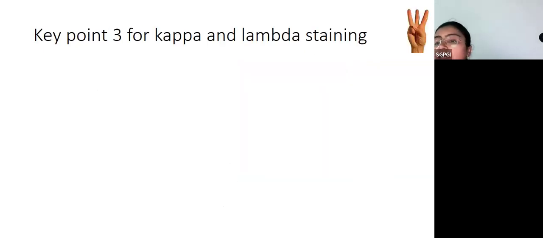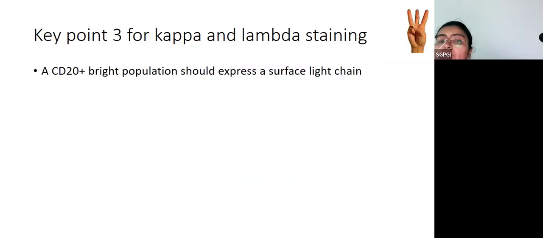However, what I want to say here, and I've already talked about polyclonal reagents, is that if you have a CD20 bright positive B cell, it should express a light chain. It may be clonal, maybe not clonal, but it should have a light chain expression. So it should either express kappa or lambda, so that you get a mixture of both in normal, or you get a monoclonal population if it is abnormal.